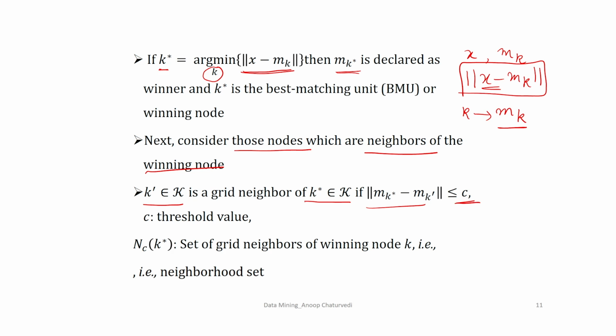We take a threshold value c, and if norm of mk star minus mk dash is less than or equal to c, then we say that k dash is a grid neighbor of k star. Now, suppose N_C(k star) is the set of grid neighbors of winning node k star. Then N_C(k star) is actually the neighborhood set.